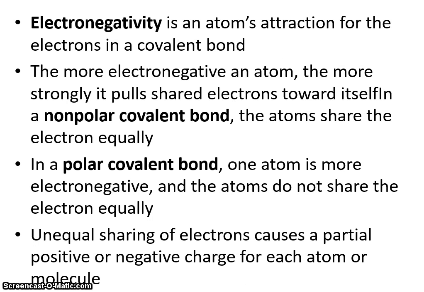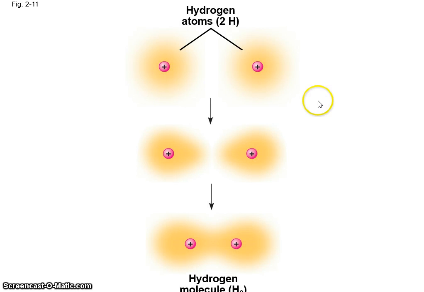Now, in covalent bonds, sometimes those atoms will share their electrons equally, and sometimes atoms will not share electrons equally. And this all depends on an atom's electronegativity. This is the attraction that an atom has for electrons in that shared covalent bond. For example, between hydrogen and hydrogen, because they are the same element, they are going to have very similar electronegativities.